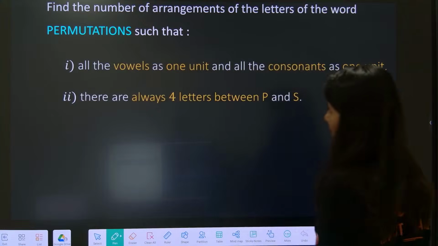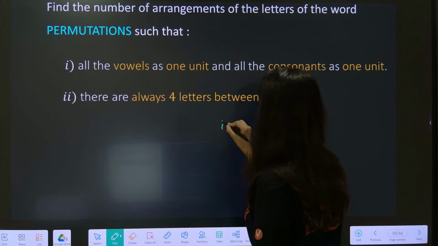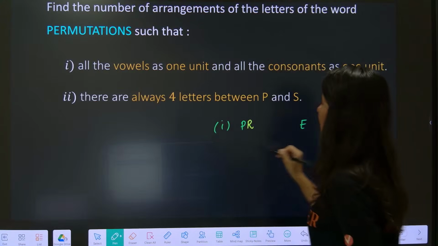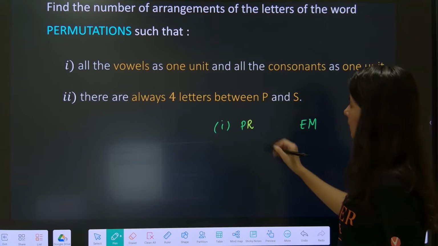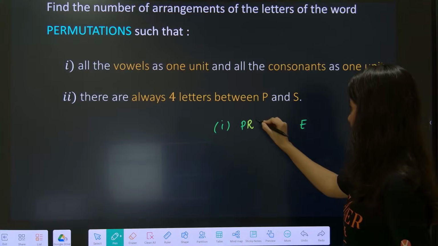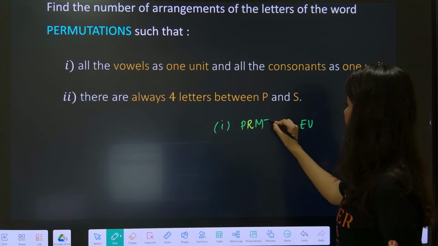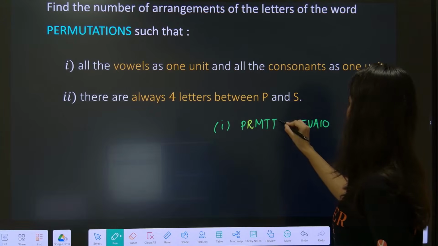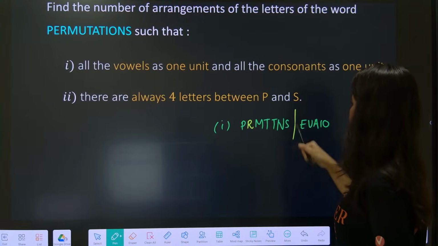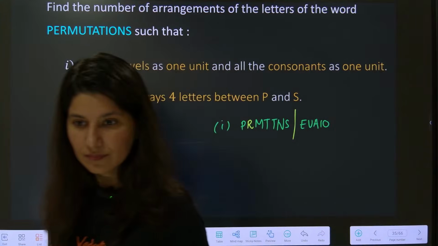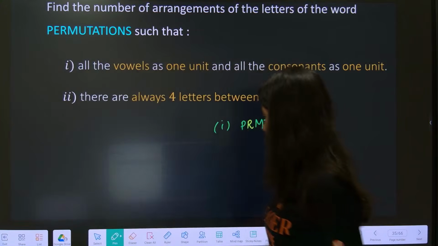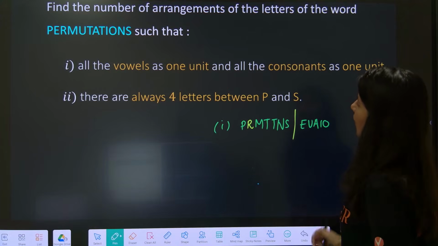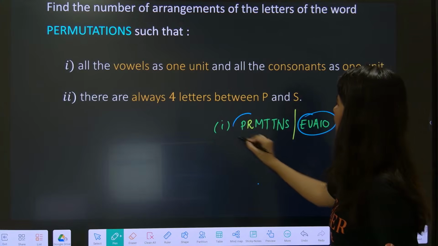Let me write it first: P, E, R, M, U, T, A, T, I, O, N, S. Understand. Now, all the vowels are 1 unit and all the consonants are 1 unit.